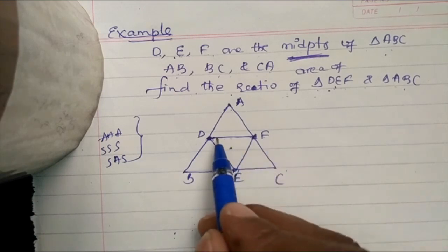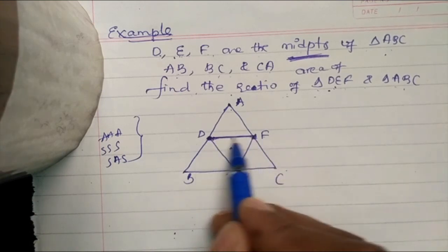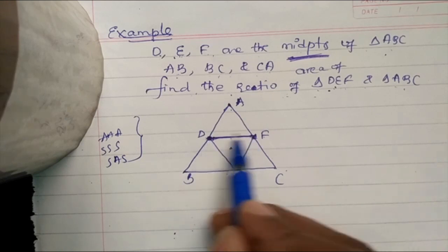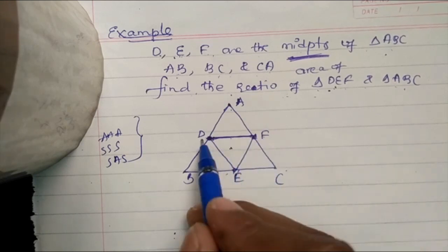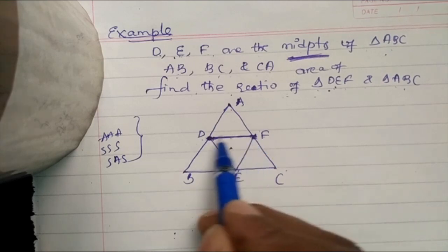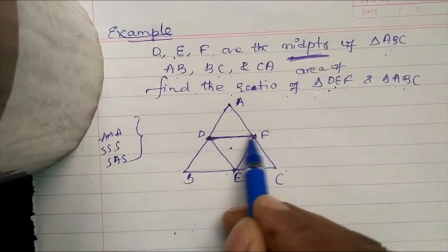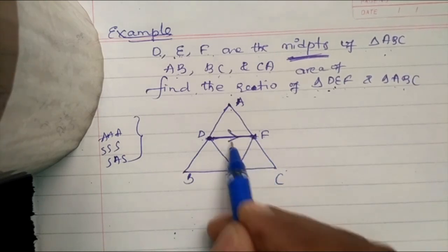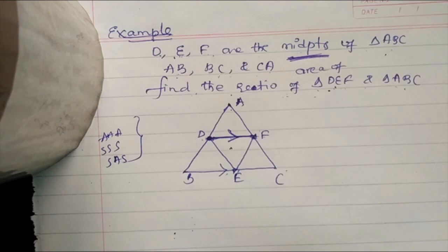That we know. That means D, E, F, all three are midpoints. So a line joining D and F, these two midpoints, will be parallel to the third side. That means DF parallel to BC.